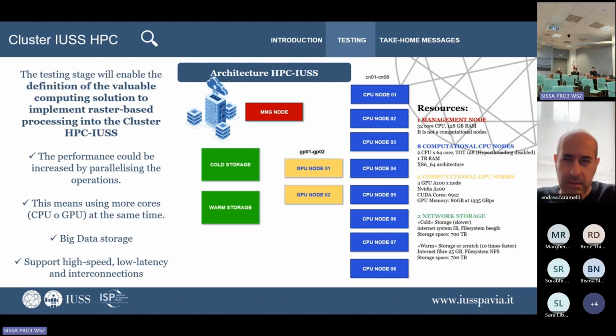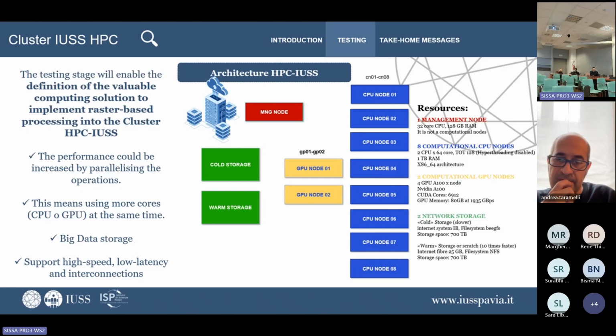This testing allows us to define the computational demand to implement the raster-based processing into the HPC cluster of the user, and allows us to identify the allocation of computing requirements, also for upscaling the results of this testing, considering a pre-operative service.